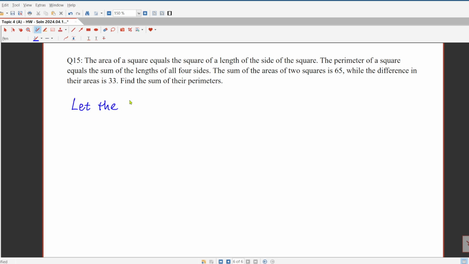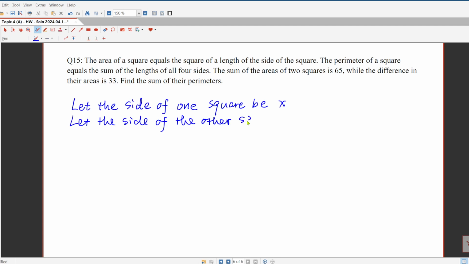So we can let the side of one square be x, right? And then let the side of the other square be y.